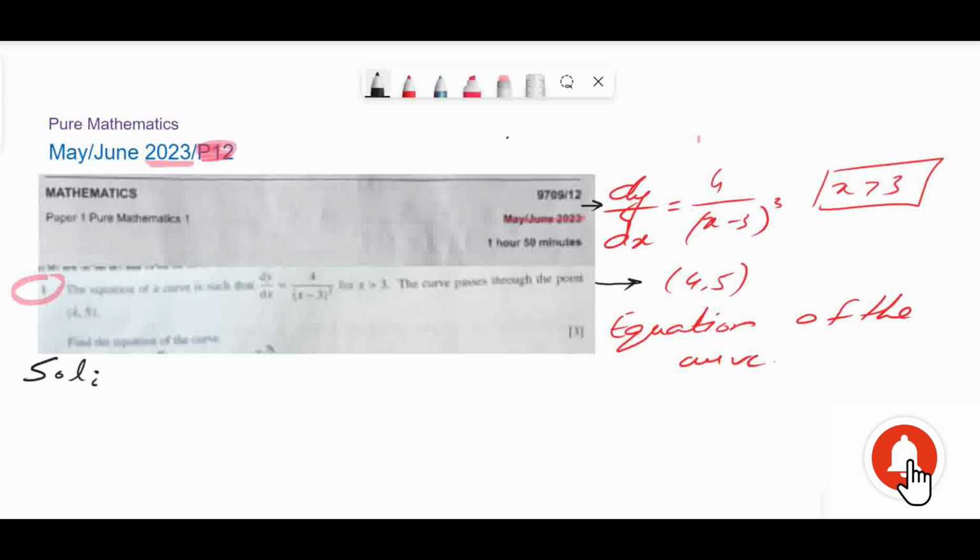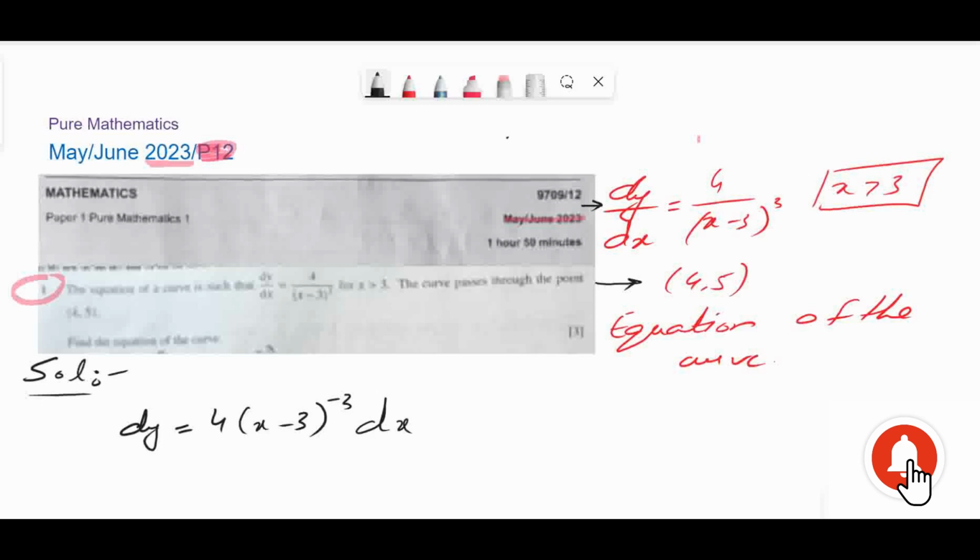Whenever they ask us to find the equation, we simply integrate. We first separate the variables and then integrate. So we can write dy is equal to 4 into (x minus 3) whole power minus 3 dx.